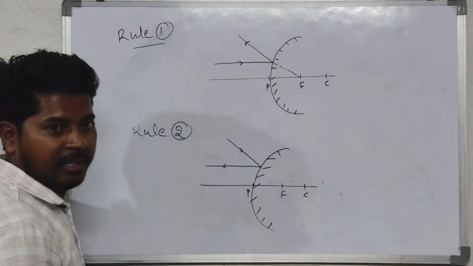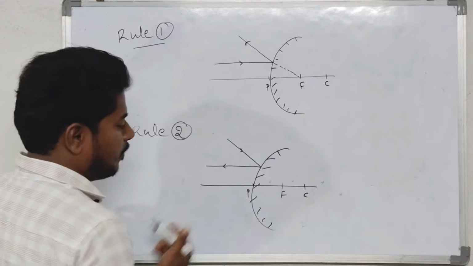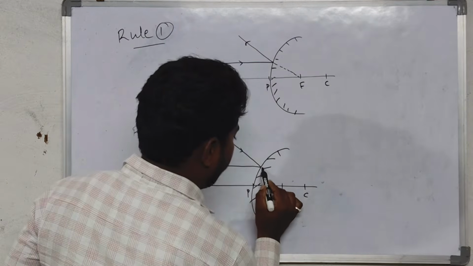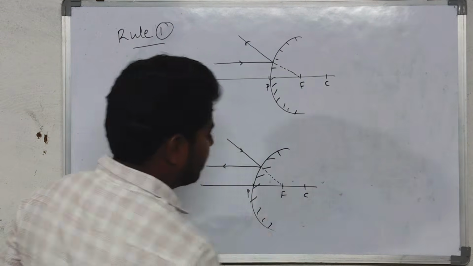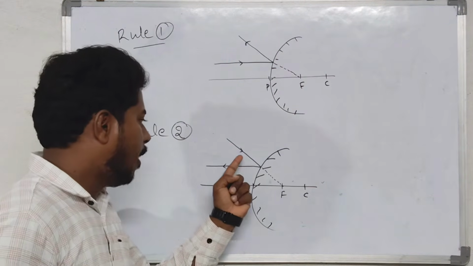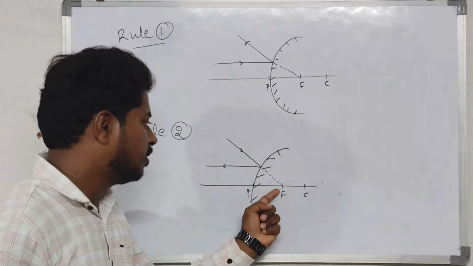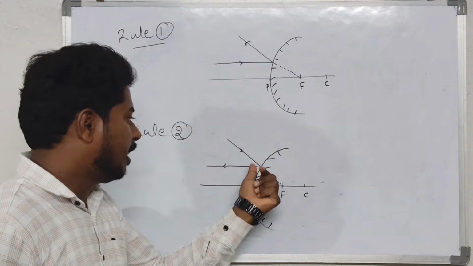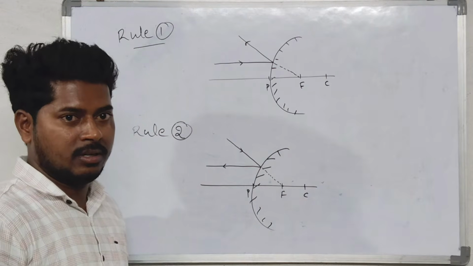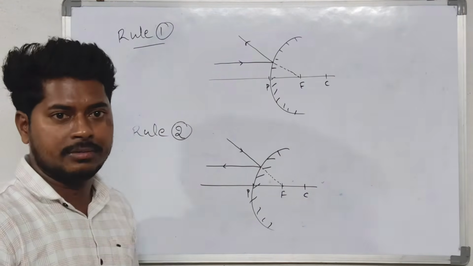After reflection, the reflected ray becomes parallel to the principal axis. If you extend a dotted line from here, it exactly touches the focus again. When the incident ray appears to pass through the focus, after reflection, the reflected ray is parallel to the principal axis. This is the second rule.